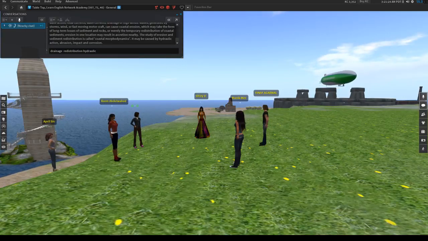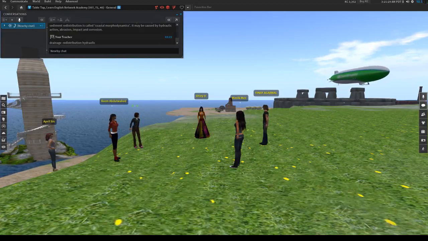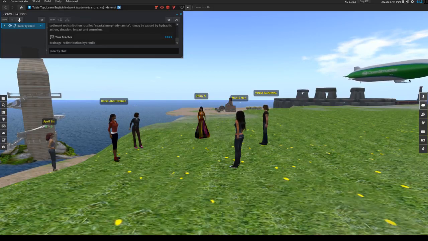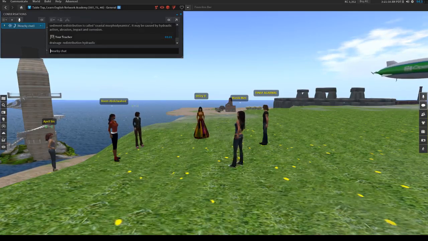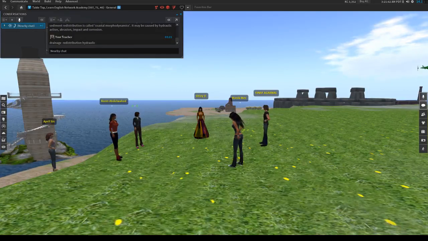Very good. A little bit technical, this bit. Let's just have a look at the words first. Drainage. Yeah, drainage. It's strange, I know, but we say drainage.